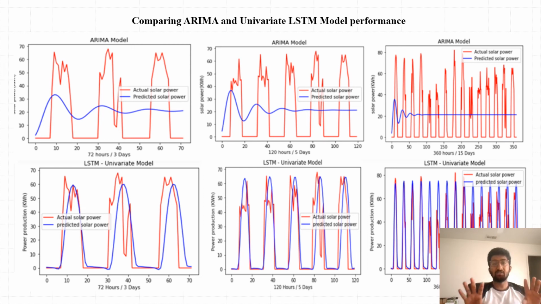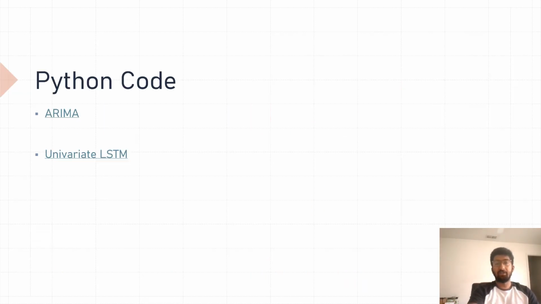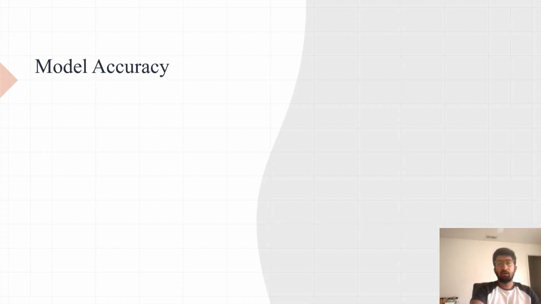We are just considering one input variable and one output variable. The input variable is the hourly power output, and we are predicting the hourly power output. So that is the result from the Arima and LSTM. I have the Python code. If anyone needs it, I can provide it, or you can also see it in my GitHub account.